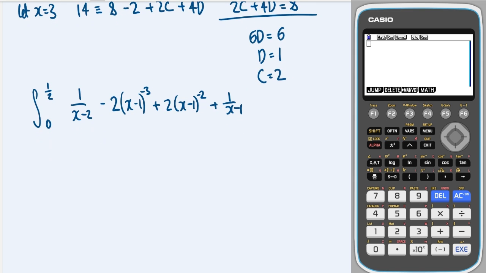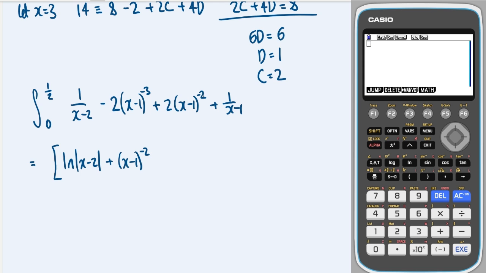Okay, so we can integrate these. This one is going to go directly to ln of x minus 2. Here we're going to up the power to minus 2. We're going to divide by the new power, so that just gives me 1. And we're also going to divide by the derivative of the bracket, but that is 1 itself. So this is just going to give me x minus 1 to the power of minus 2.